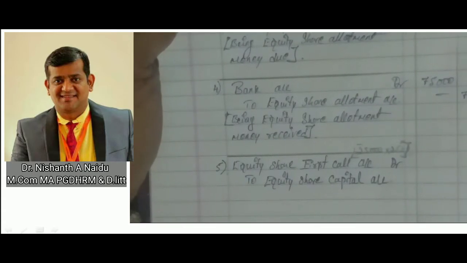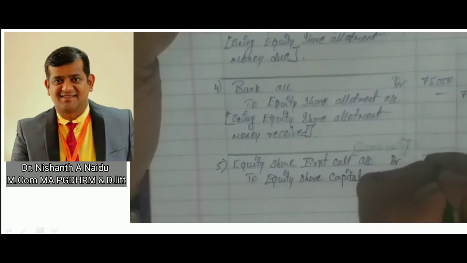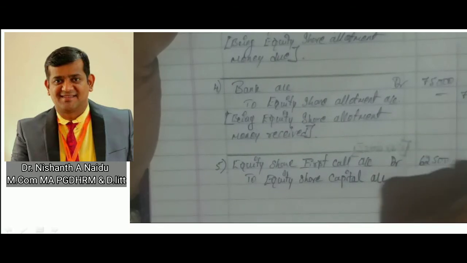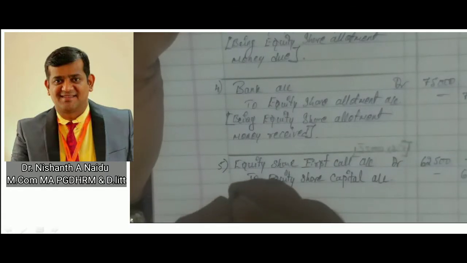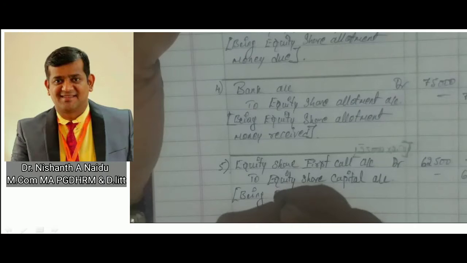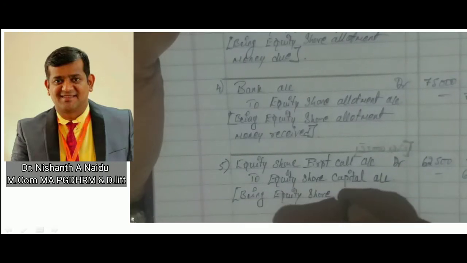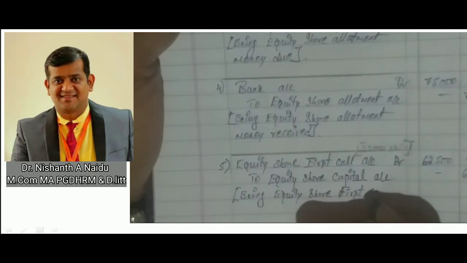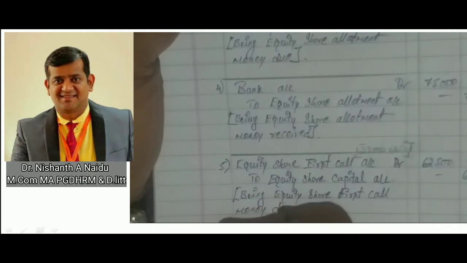How much is 25,000 into 2 rupees 50 paise? That comes to 62,500. So the narration is being equity share first call money due.